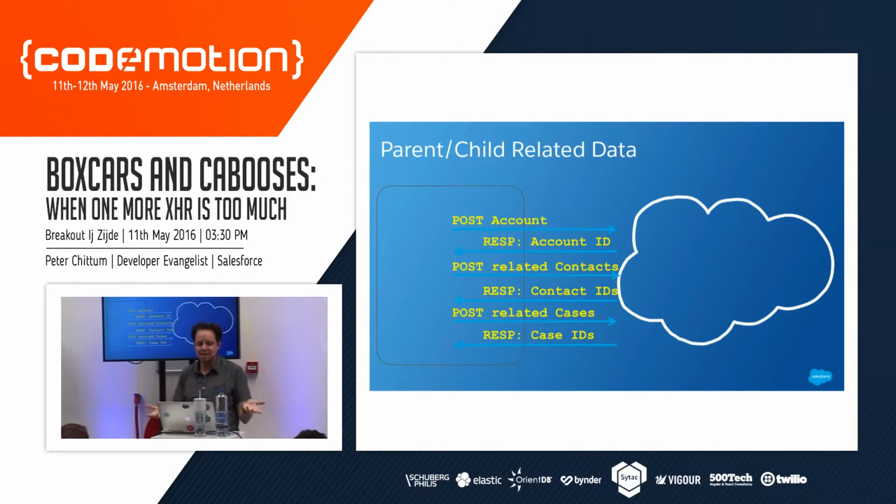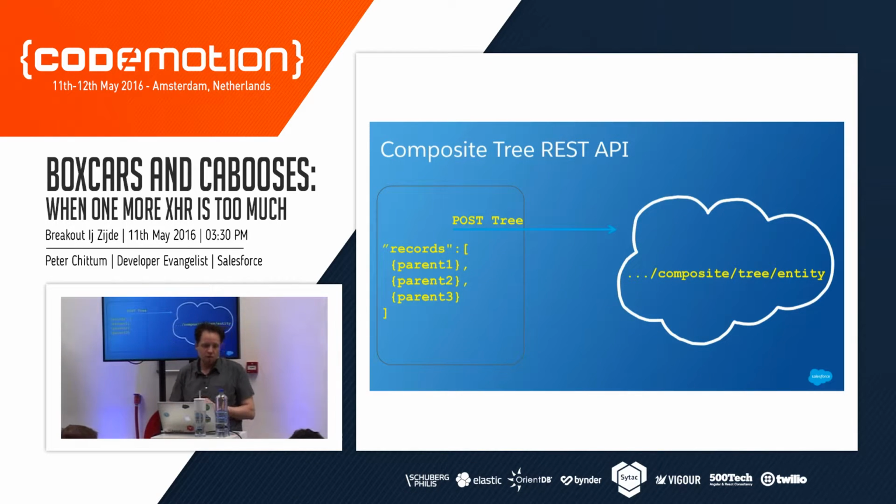So this was a very, very tedious process, even in our old enterprise integration. Instead now, we can just say, here's a parent, here's a bunch of children, one big JSON package, up to 200 records total, and we can pass in a client ID so that we can refer back to that. We can pass that client ID into the data we store in Salesforce and then reference back to it when we need to.